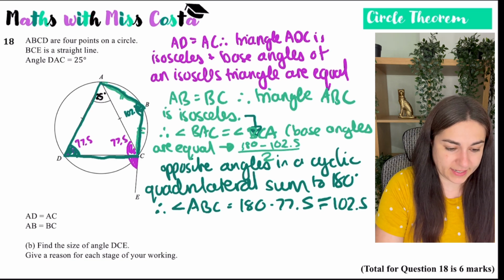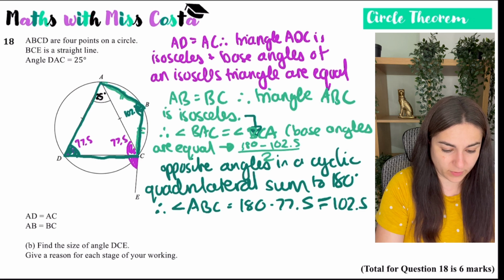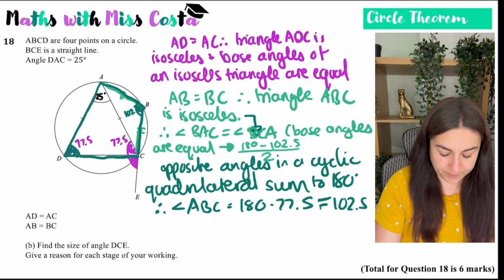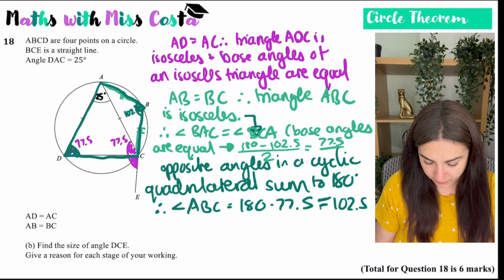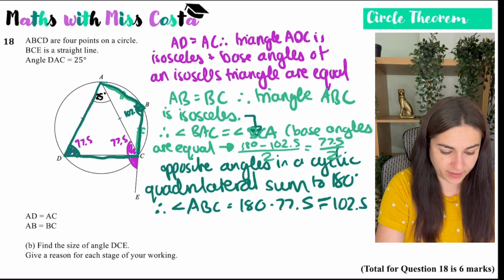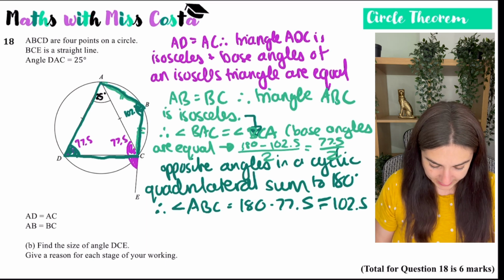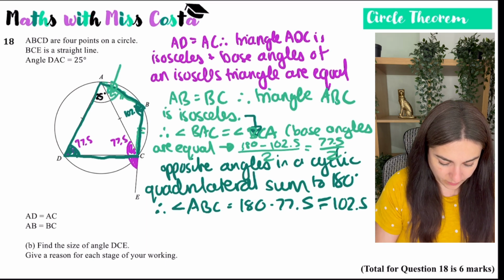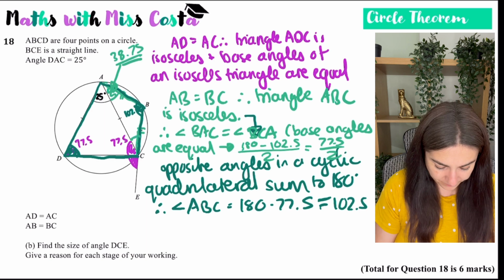So 180 take away 102.5 leaves me with 77.5, and 77.5 divided by 2 leaves me with 38.75. So these two angles are 38.75.